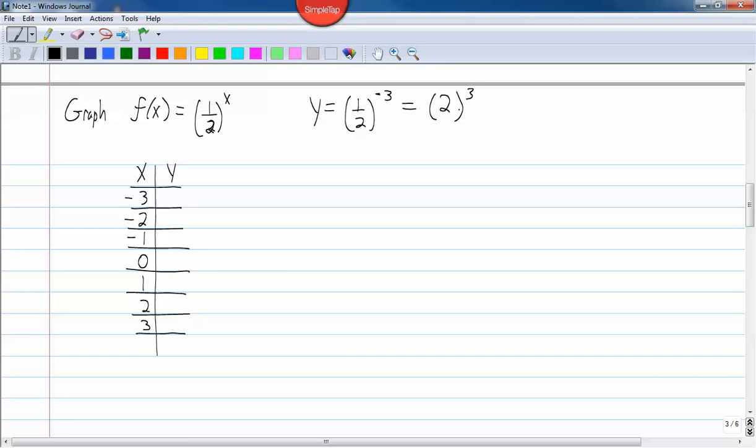So that's a little shortcut you can use. If you ever raise a fraction to a negative power, flip the fraction and make the power positive. So 2 to the 3rd power is 8. So when I plug in a -3, I get out a positive 8.